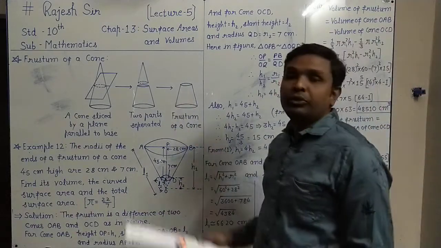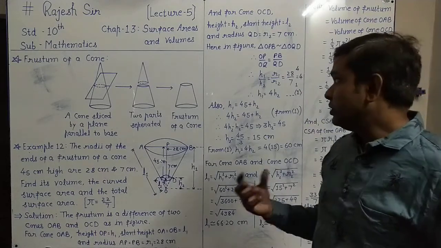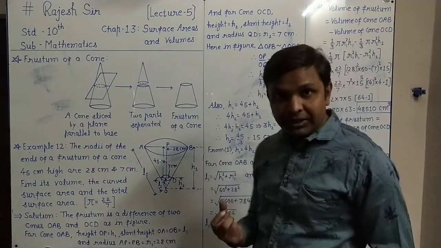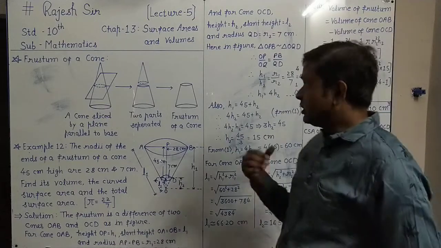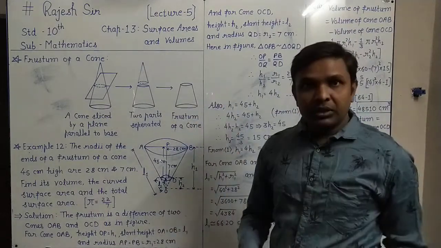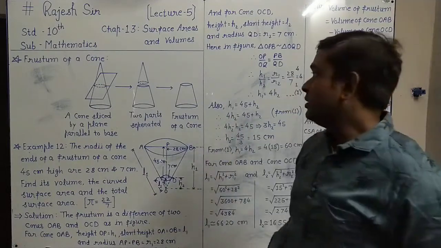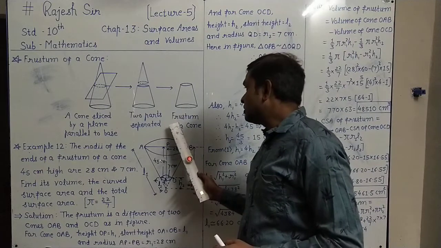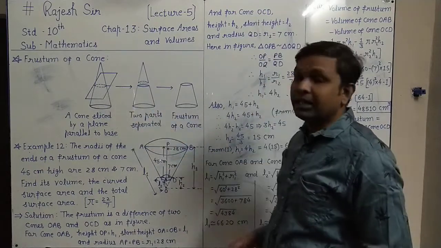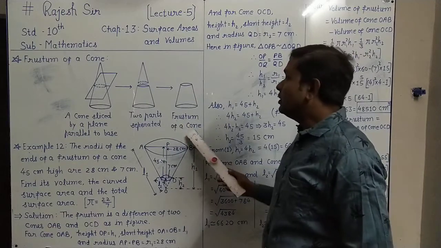This type of shape you have seen in a glass in which we drink water or keep juice. It is an inverted glass type, and a bucket also is of this type of shape. All these shapes, which are a part of a right circular cone, are called a frustum of a cone.